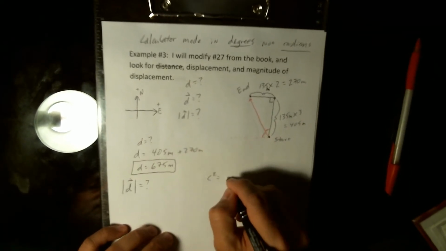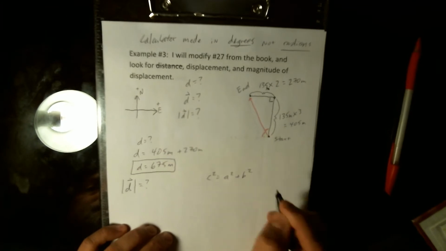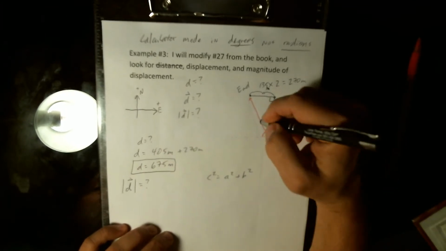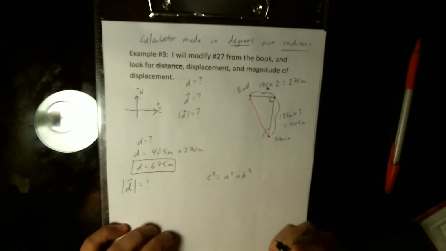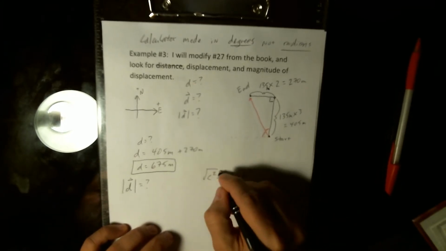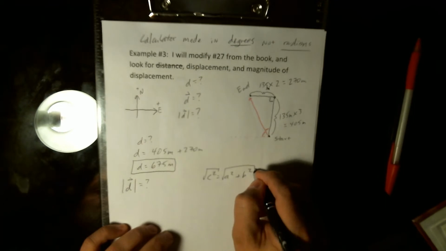And I want to know the length of C. I don't want to actually know C squared, so I'm going to need to take the square root of both sides. So C is equal to the square root of A squared plus B squared.